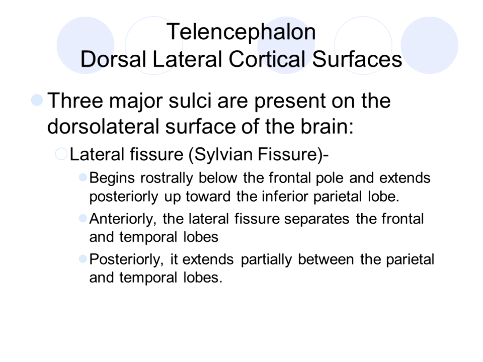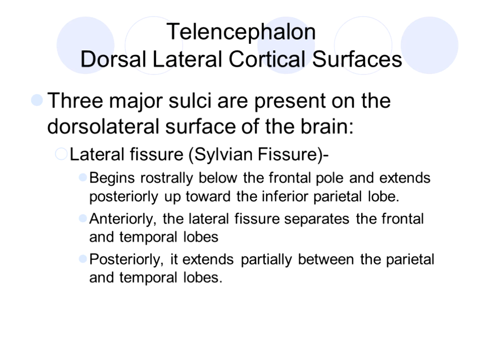Then we have the Sylvian fissure, or the fissure of Sylvius, and this is the lateral fissure that separates the parietal lobe from the temporal lobe and part of the frontal lobe from the temporal lobe as well.